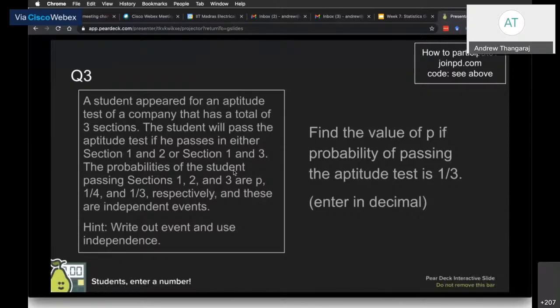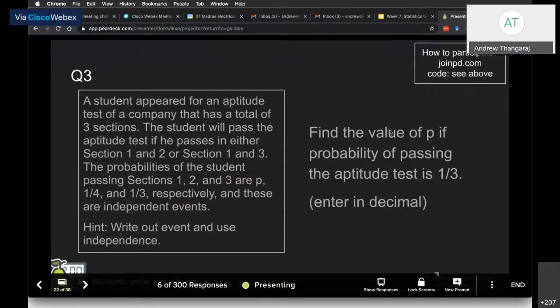Don't forget the minus term. Be careful with what happens to the minus term, use the independence and give an answer. The question is slightly twisted, as in you have to find P if the final probability of passing the aptitude test is 1 by 3. Go ahead, I'll give you about 3-4 minutes, then we'll go through it.